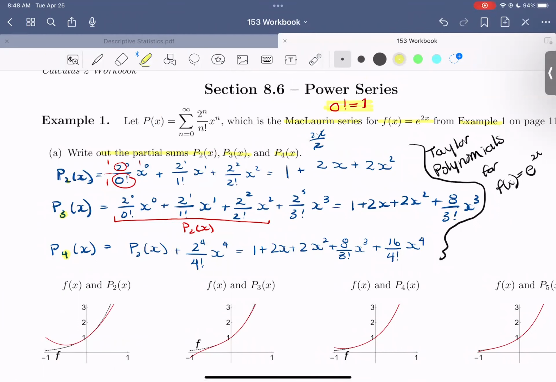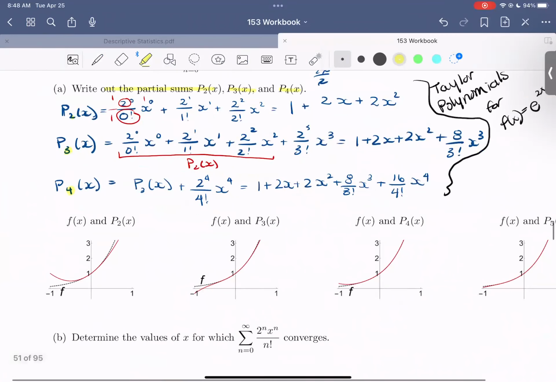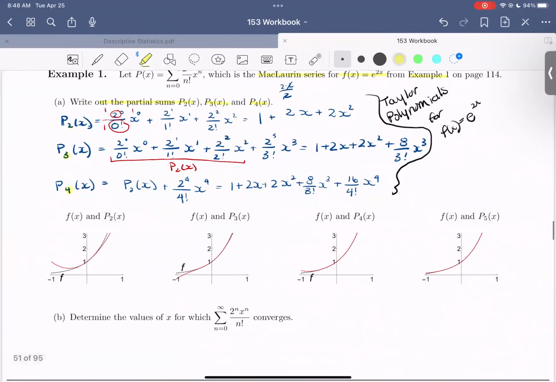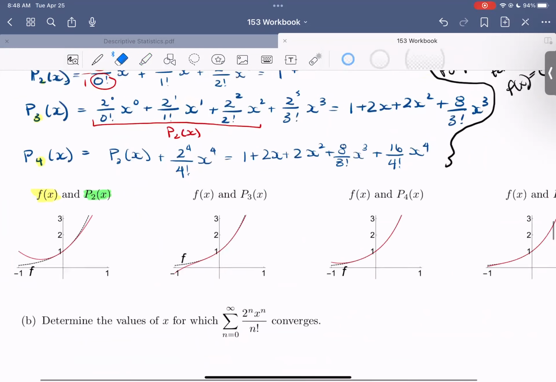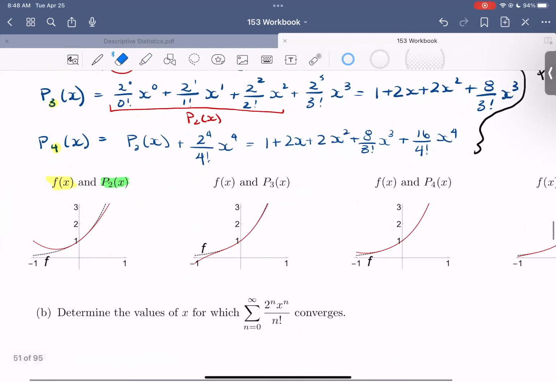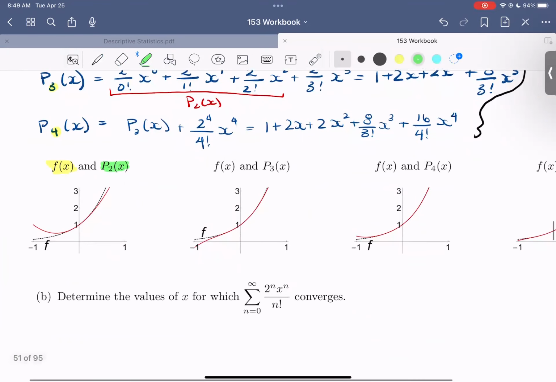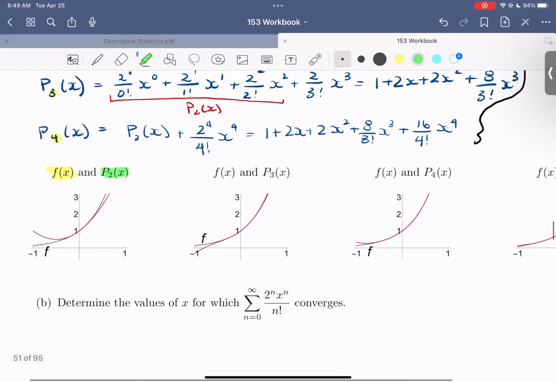Okay, cool. So now what we have below here are some pictures of the graphs of these Taylor polynomials compared to our function f of x. I'm going to highlight our Taylor polynomial in green. So we see that our Taylor polynomial here is this function here.